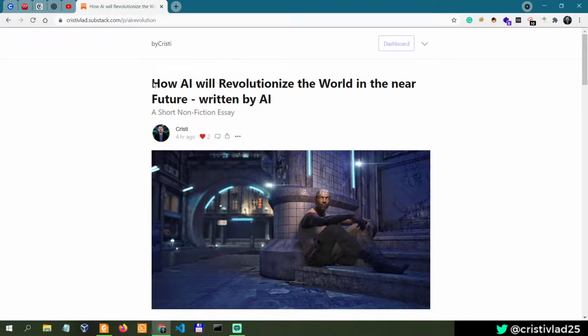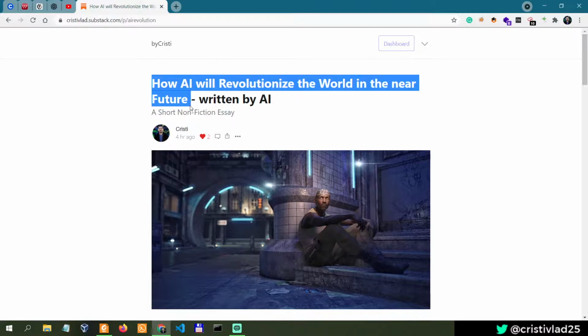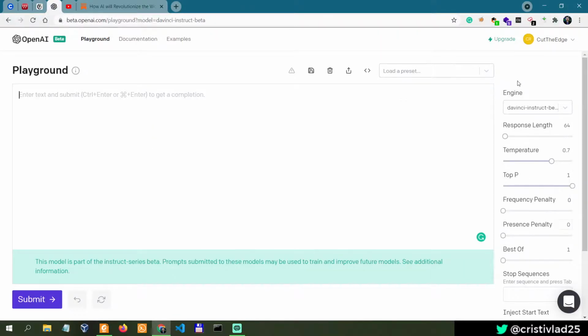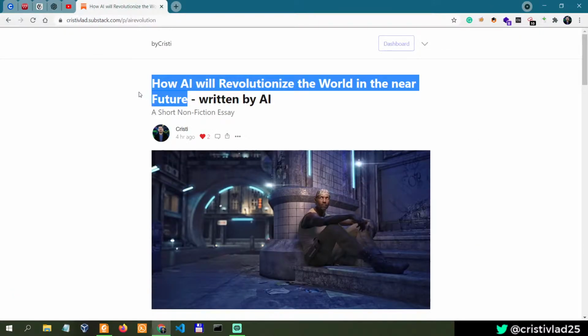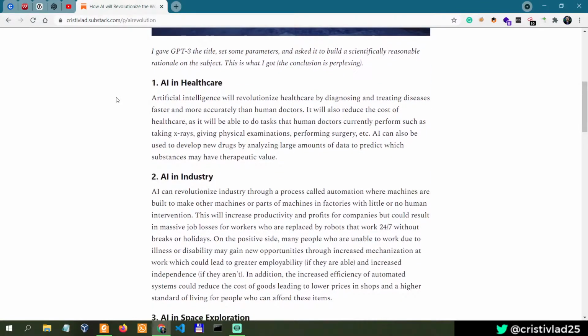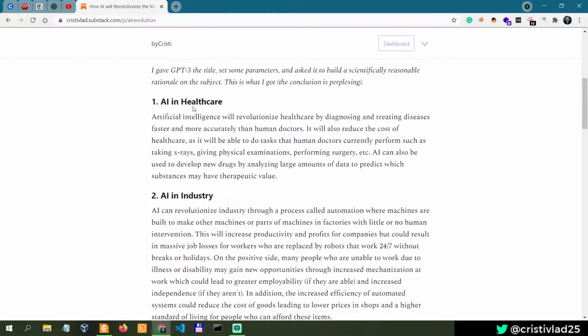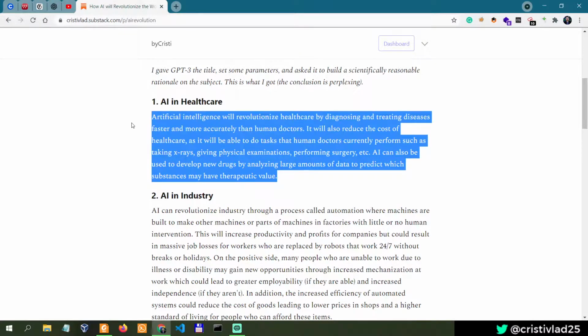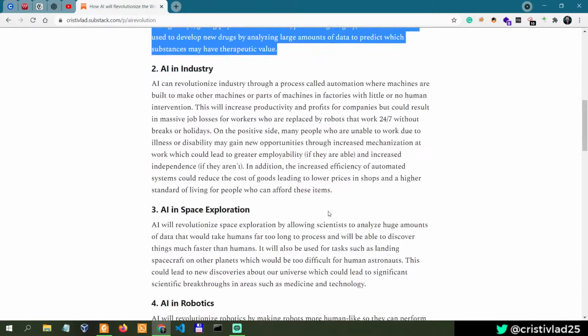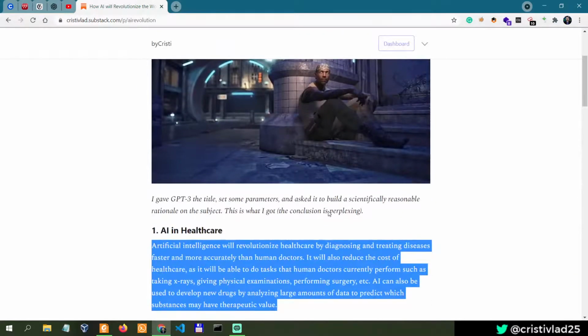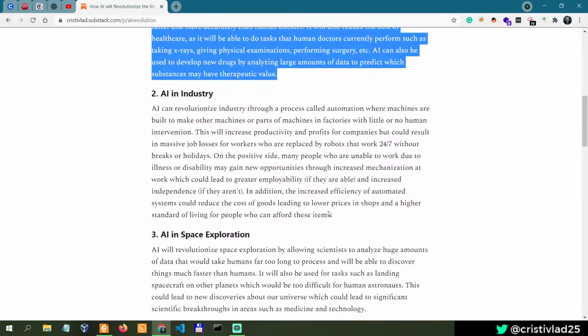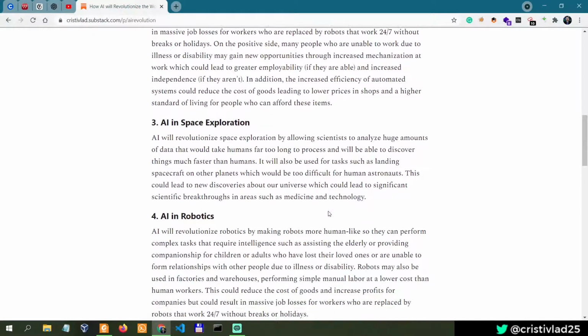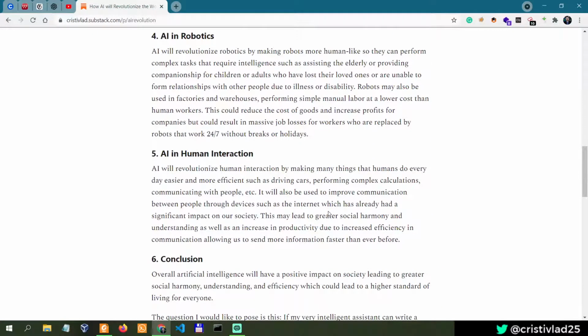I gave this to GPT-3, played a little with some of the parameters, changed the engine, and also gave some sort of an outline, and then GPT-3 came up with all of these, and they are very coherent. So this is gonna happen. Highly recommend you read this.